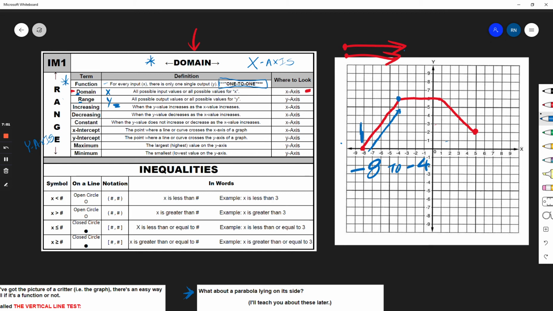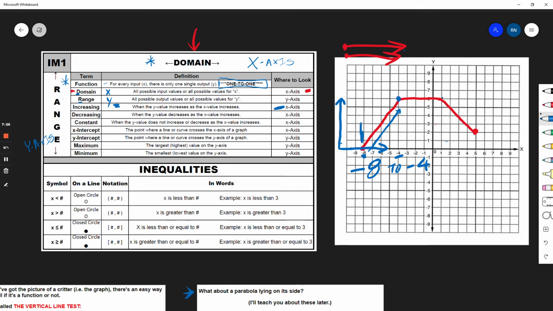So the y value, here's our y's, going up as x is going this way. Okay, where do we look? Our x-axis, because we have to label -8 to -4, because we only look at the x values.